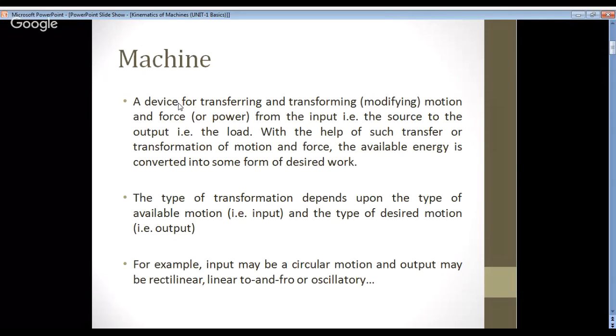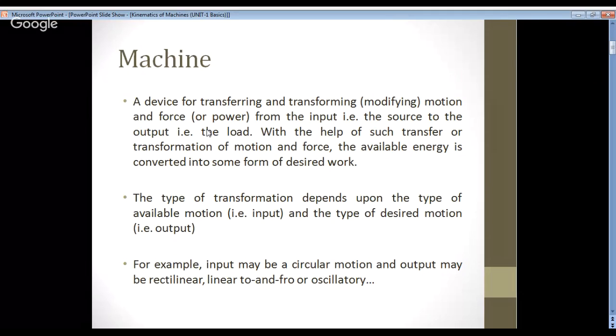A device which can be used for transferring or transforming motion and force from the input to the output, or from one energy to another kind of energy, is called a machine. That is the general definition of the machine.